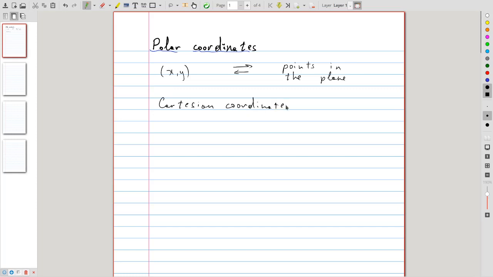Well, Cartesian coordinates are a way to map pairs of numbers x and y to points in the plane. Okay, so how is this done? Say you're given a pair of numbers x, y, and a system of Cartesian or rectangular coordinates.